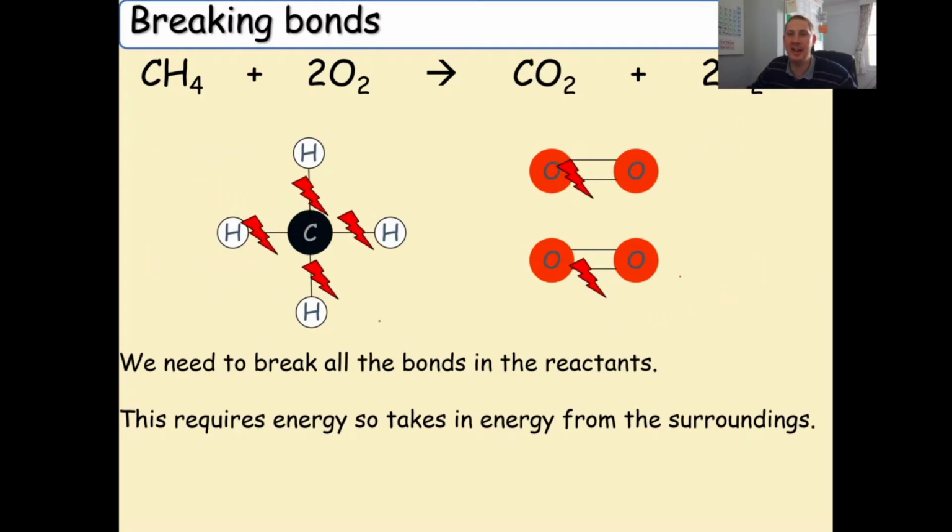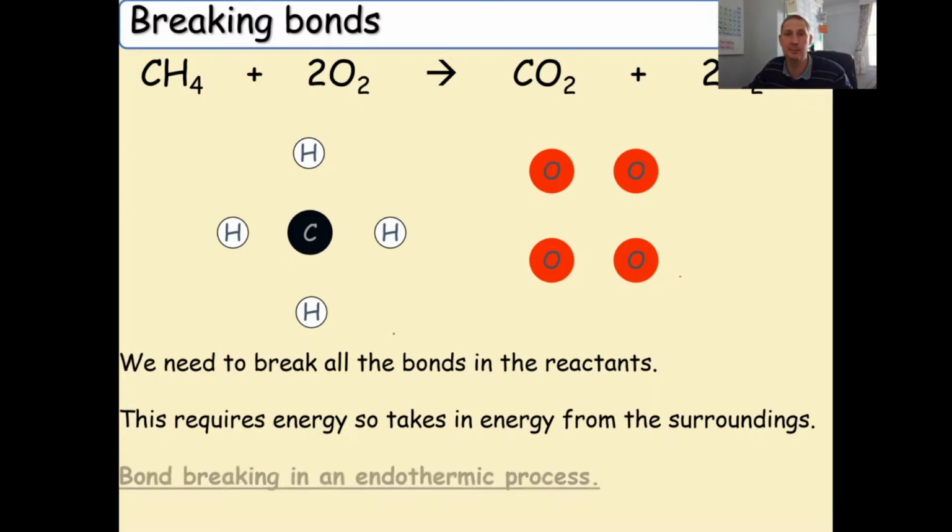So energy in, and then we have atoms. Always, every bond, there's not a single exception to that rule. Every bond takes energy to break it. Every bond requires energy in, just like magnets taking energy to separate them. Bond breaking is endothermic.